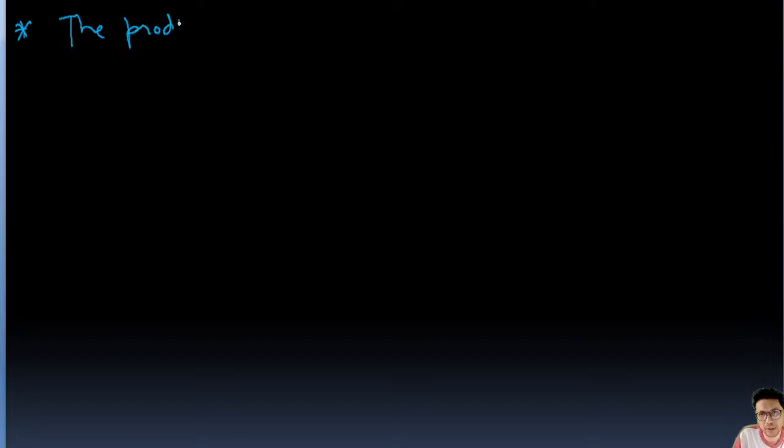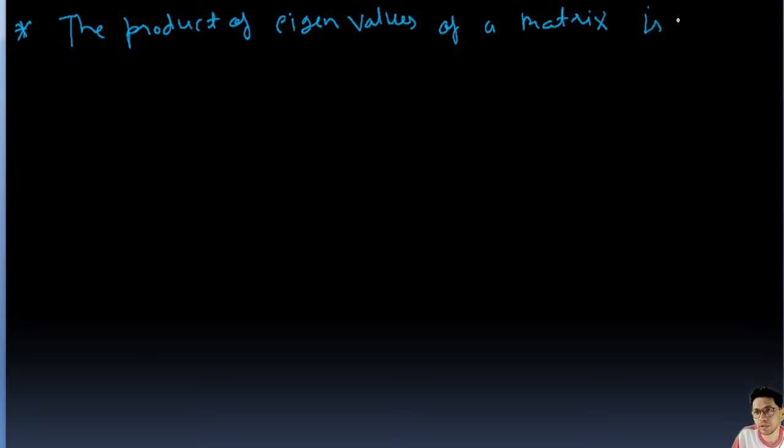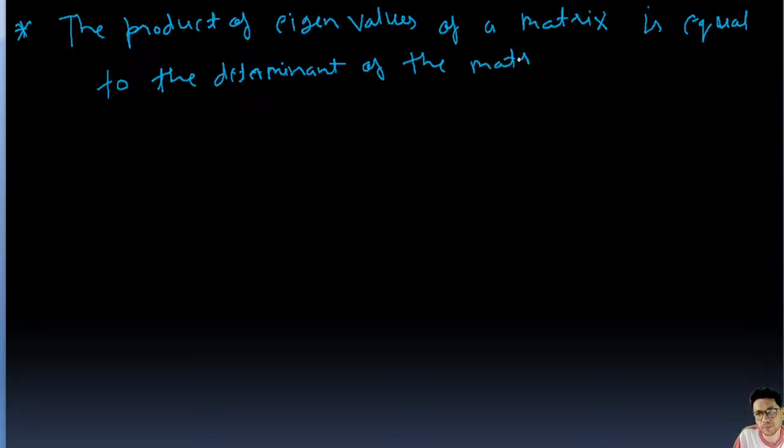The product of eigenvalues of a matrix is equal to the determinant of A. This property says the product of eigenvalues of a matrix is equal to the determinant of the matrix.